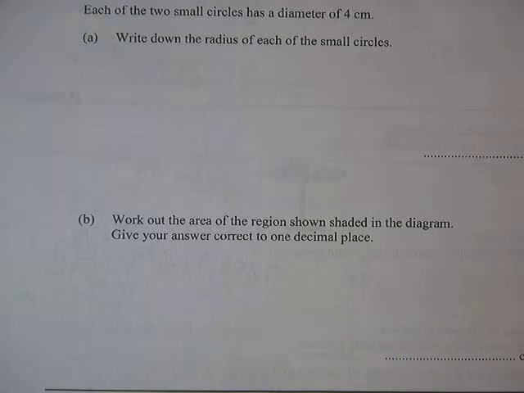Now I will come back to the diagram in a minute, but we'll have to look at what B's asking. B is worth 4 marks, so I want to get those marks. Work out the area of the region shown shaded in the diagram. Give your answer correct to 1 decimal place.